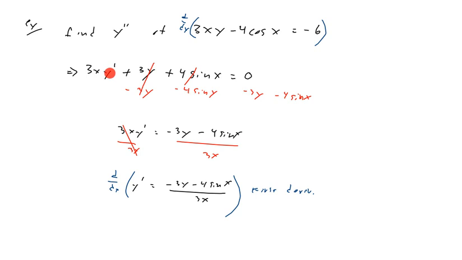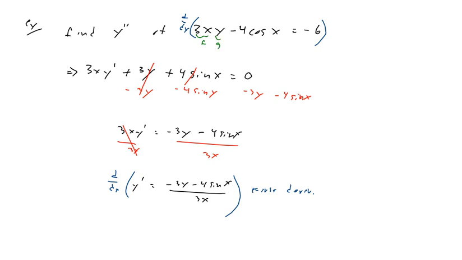Plus the second, the y, kept the y, times the derivative of the first. The derivative of 3x is just 3. So if you like, this is f, and this is g.